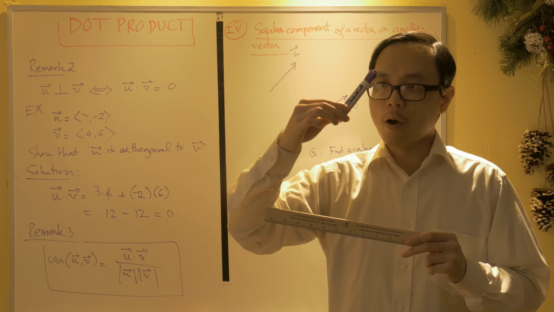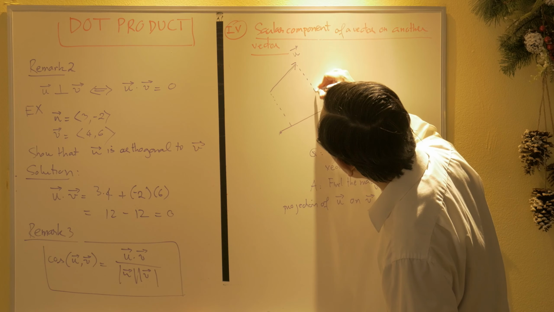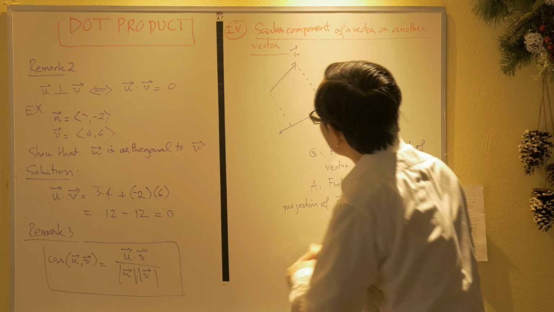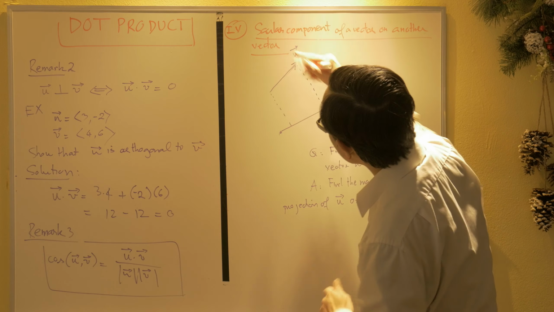It's like a shadow. Actually, it's not a shadow, it's the image. I have to use the right term. It's the image of this vector when you look from the top. If I look from the top, I see that the image is on the side of vector v. That image is the shadow, right here.